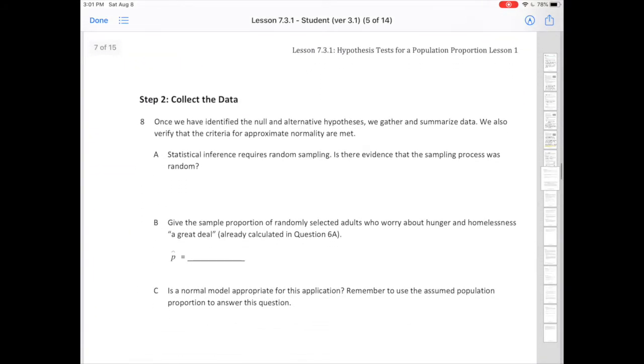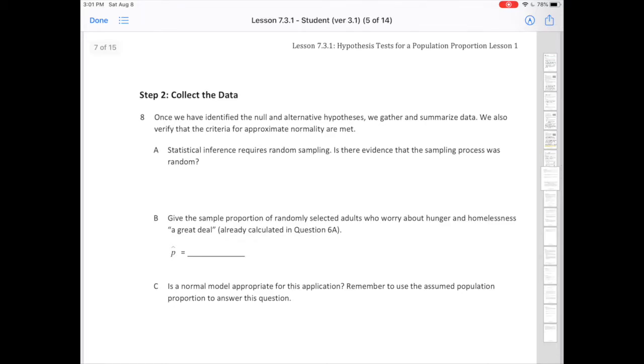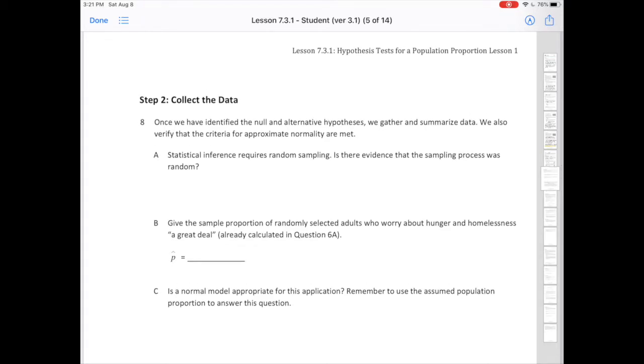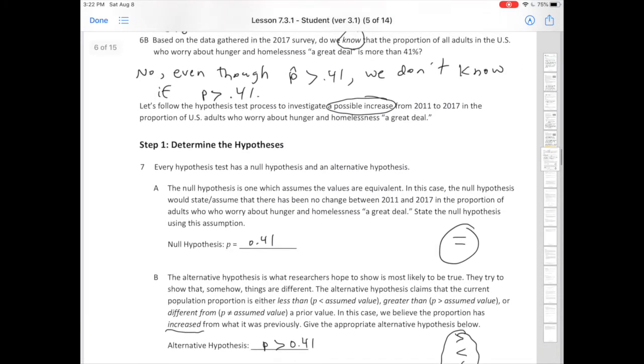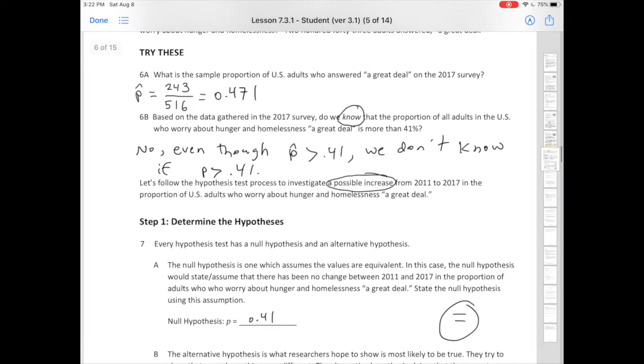So step 2, collect the data. Once we have identified the null and alternative hypothesis, we gather and summarize data. We also verify that the criteria for approximate normality are met. Part A. Statistical inference requires random sampling. Is there evidence that the sampling process was random? So let's go back up to the original problem.